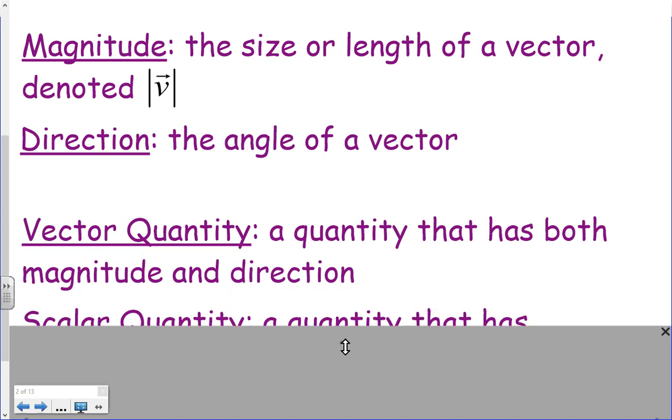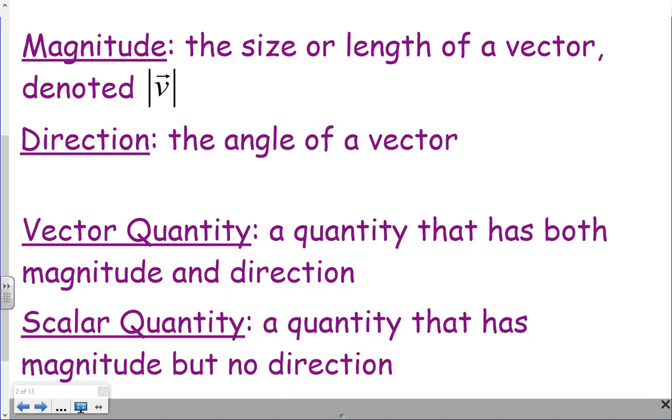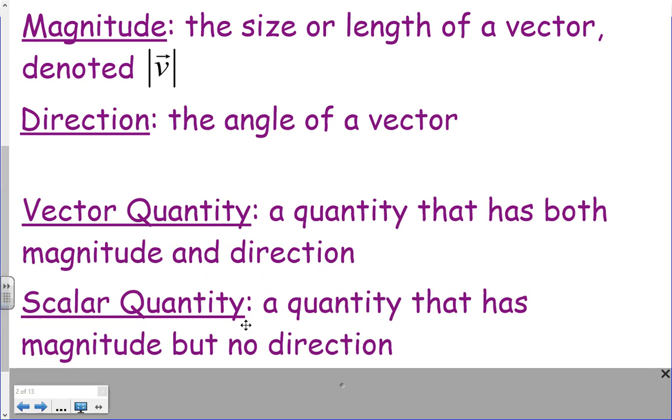All right, we have two different types of quantities that we talk about when we're working with vectors: a vector quantity and a scalar quantity. The book will refer to each of these, so it's critical that we understand which is which. A vector quantity is a quantity that has both a magnitude and a direction.